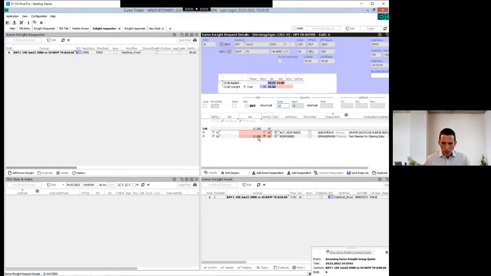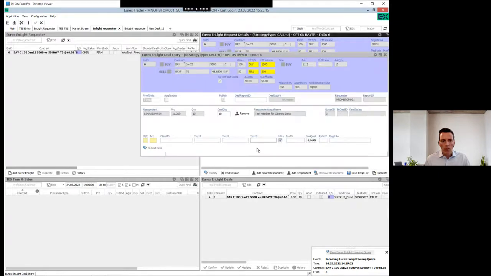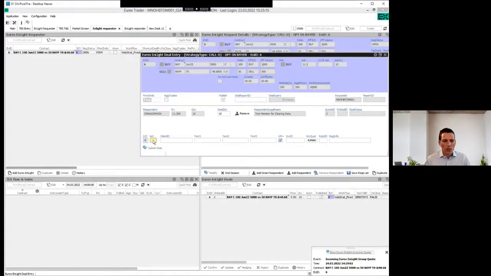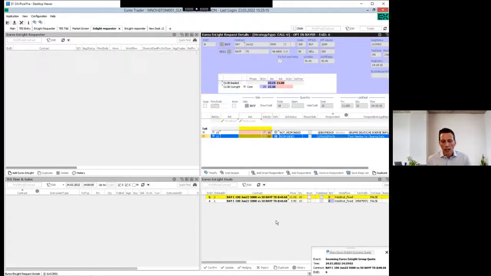If I'm fine with it and want to trade, I basically just put in my account details and submit the deal, and you don't have to touch the trade anymore. In 2 minutes, it will be transferred into TES, will be published to the market, and it's a CCP trade.